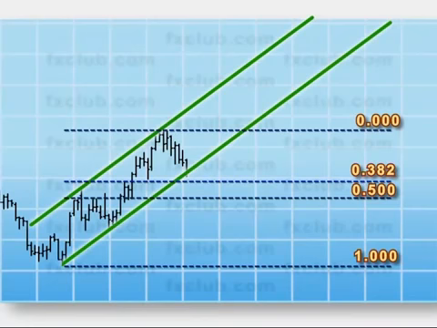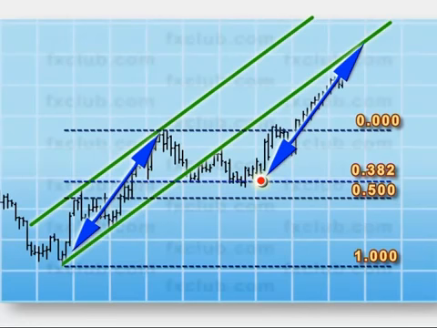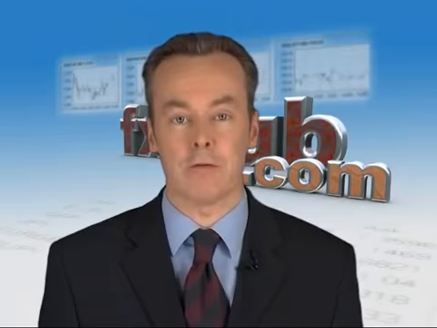When the correction ends either here or here, the trend will continue anew for the length of the prior movement. Let me introduce the measured move, also known as the zigzag. There you go, a thing of beauty is a joy forever.